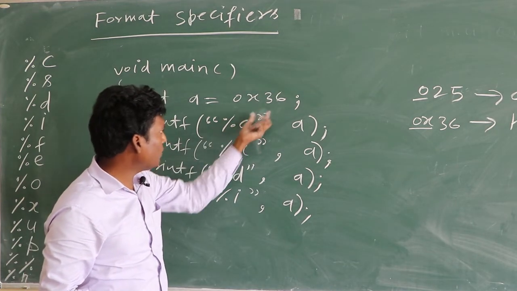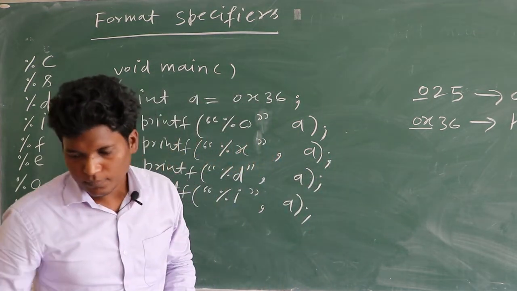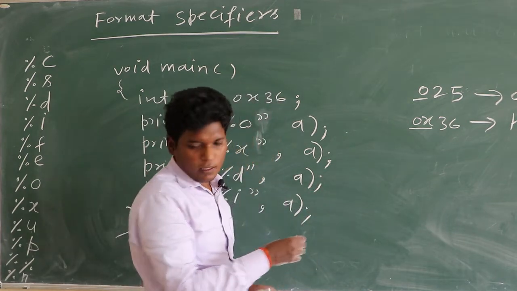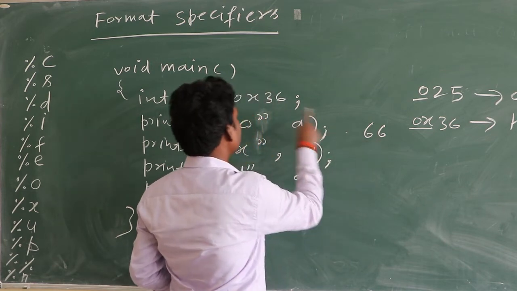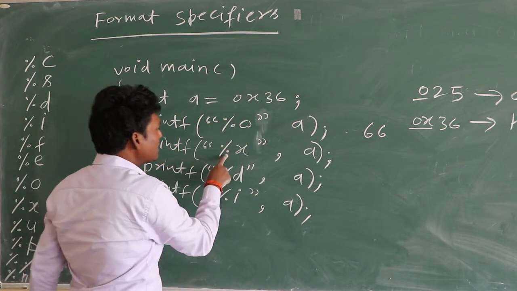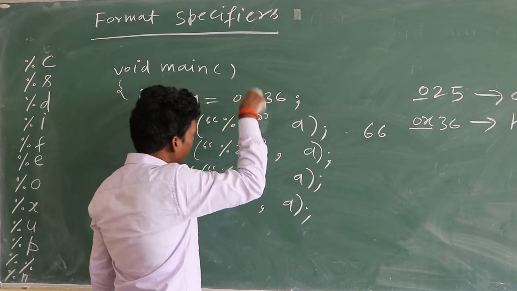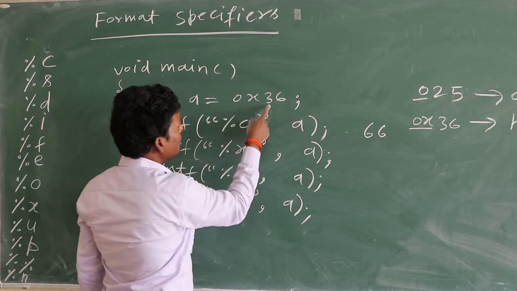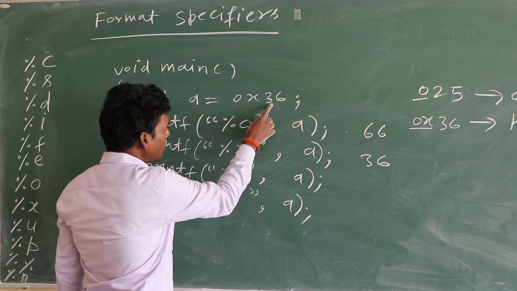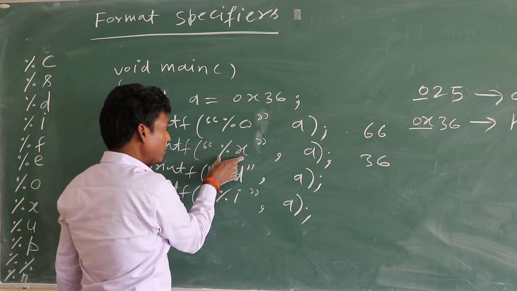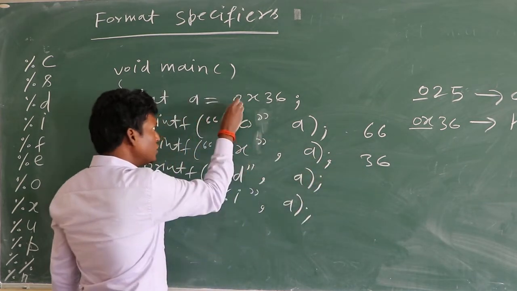So this hexadecimal number is converted into octal number, and the output will be 66. 66 is the equivalent octal number corresponding to 36. %x prints the hexadecimal number, and 36 is in hexadecimal format, so %x prints it as 36. %x prints the integer value in hexadecimal format, so 36 is printed as it is, without leading 0x.